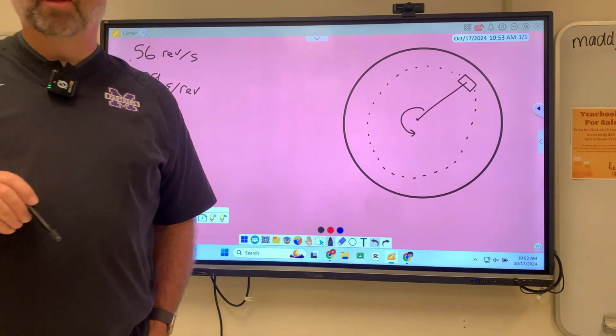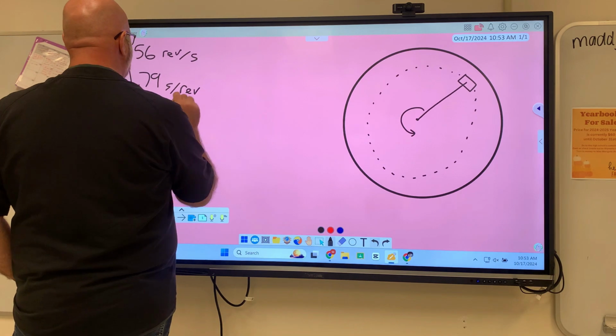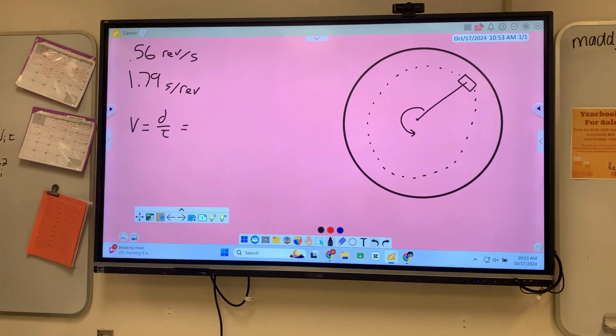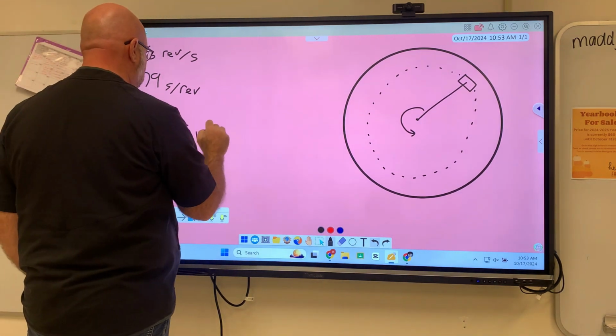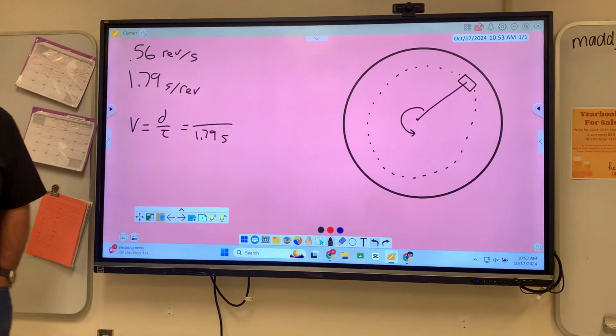How do we figure out time? Just to be clear on this. The time of one revolution. So which of these two things do we want? The 0.56 or the 1.79? 1.79 indeed. Seconds. Now how do we figure out distance?